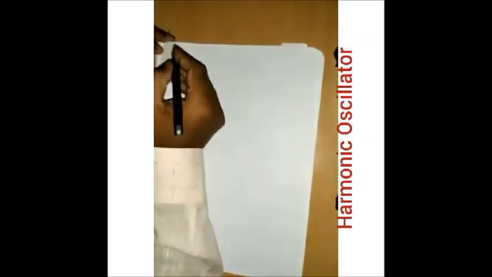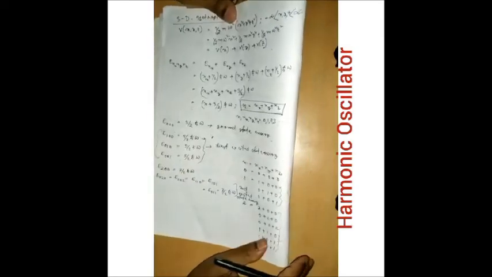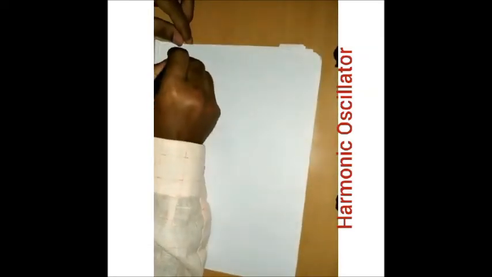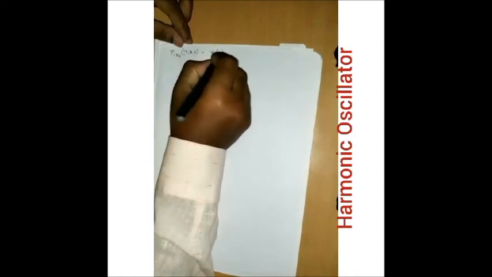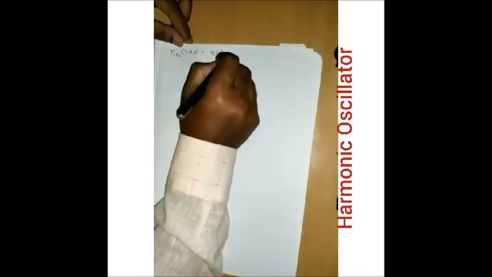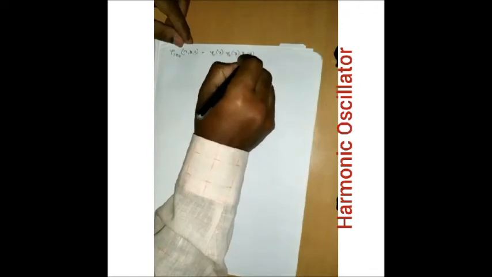So for the combinations, suppose psi 1 for combinations 1 0 0, 0 1 0 and 0 0 1. For combination 1 0 0, this will be a function of x, y and z. If I split it, psi 1 is a function of x, psi 0 a function of y, and psi 0 a function of z.